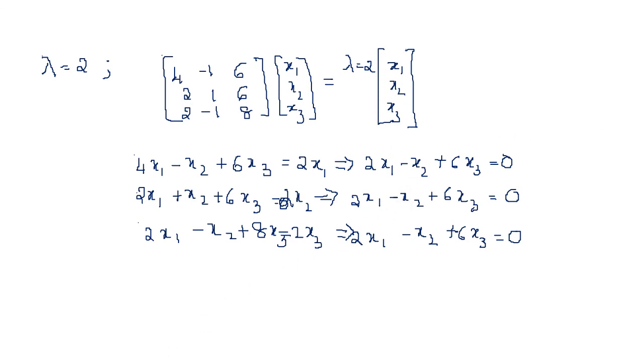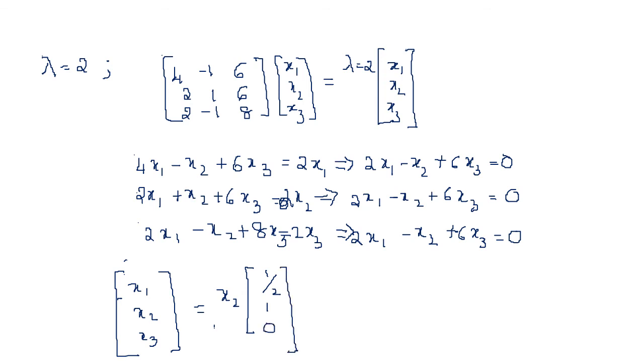So let me write it in the form of basis. (x1, x2, x3) is given by x2 times (half, 1, 0) plus x3 times (minus 3, 0, 1).